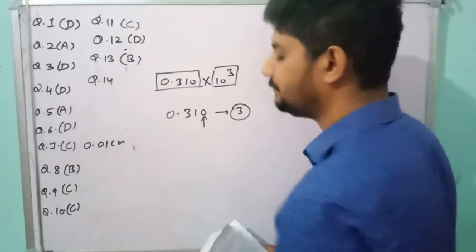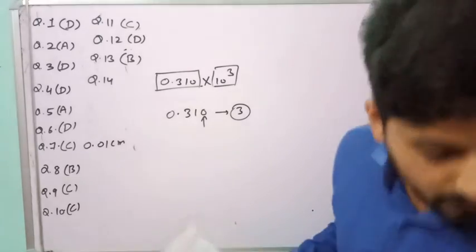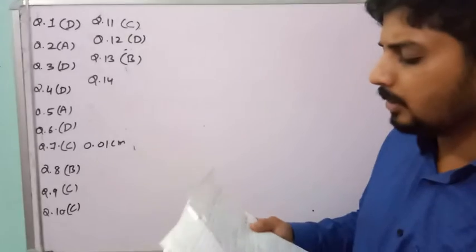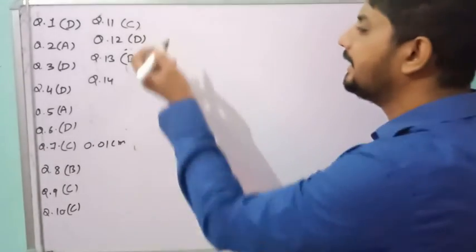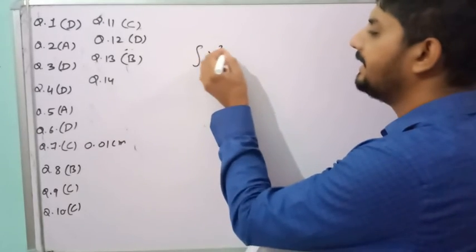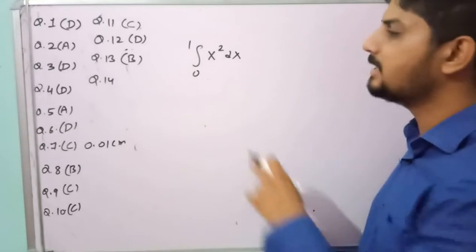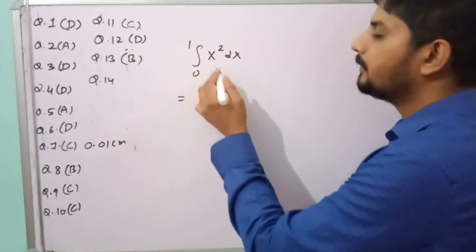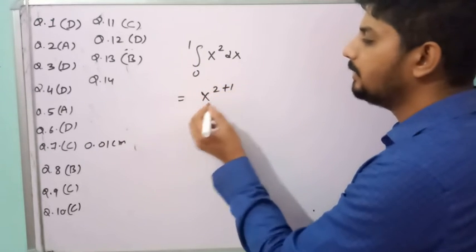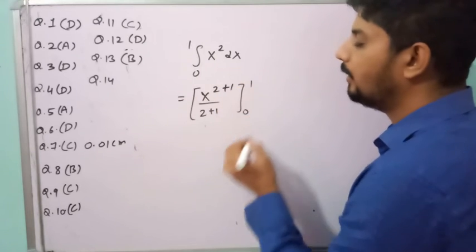Question number 14. This question was about integration. Very simple problems were asked in integration as well as in differentiation. So integration of x square dx from 0 to 1. This is an example of definite integration because limits are being given to you. First of all you are going to integrate x square dx. So this will be x raised to power 2 plus 1 divided by 2 plus 1, with limits 0 to 1.